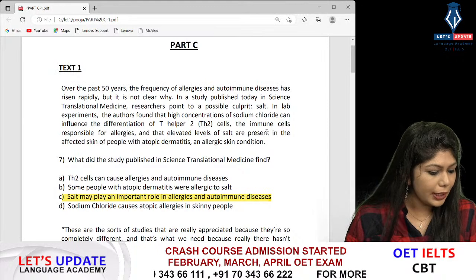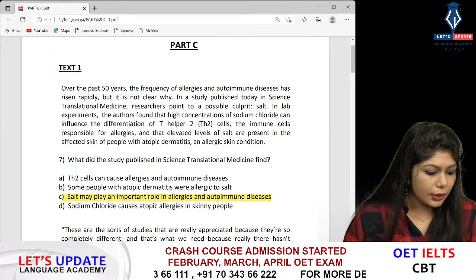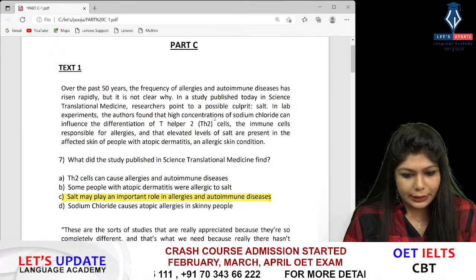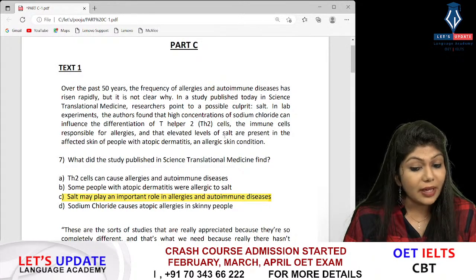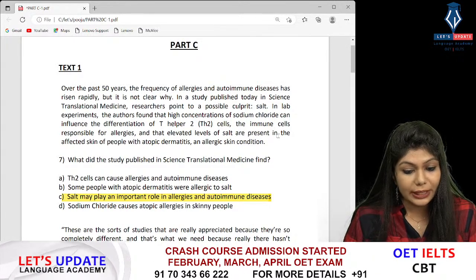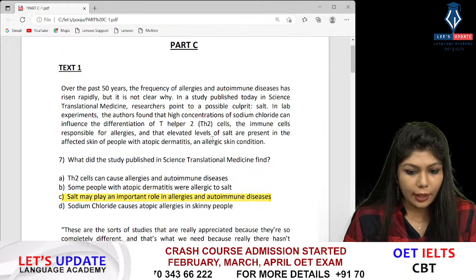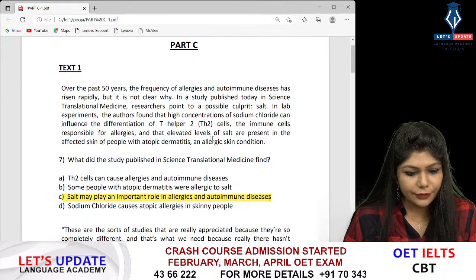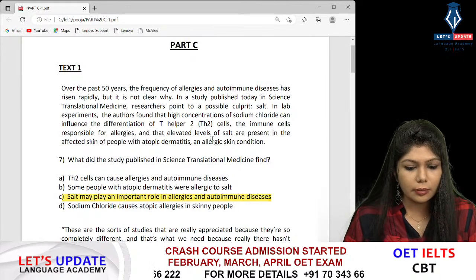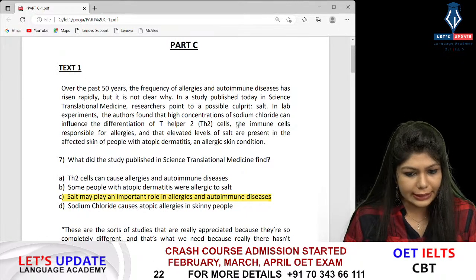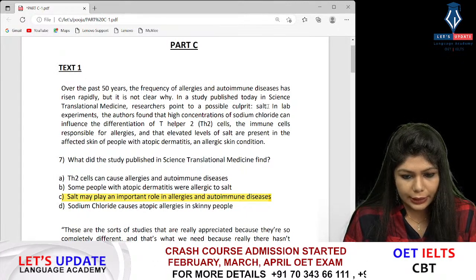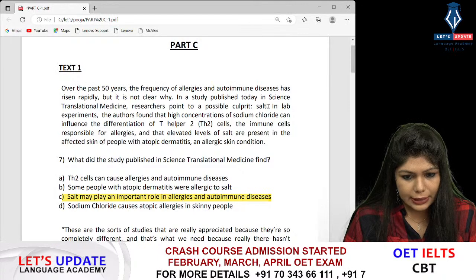So that is why your answer should be this. And that elevated levels of salt are present in the affected skin of people with atopic dermatitis. Okay, so that is why your answer should be C.